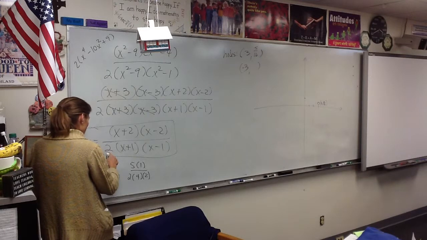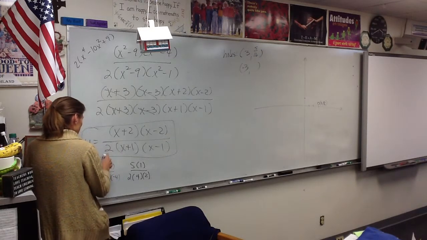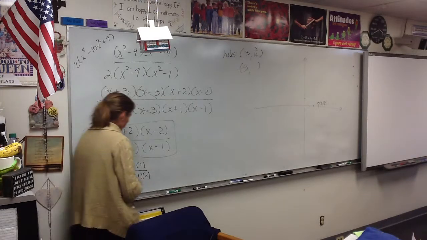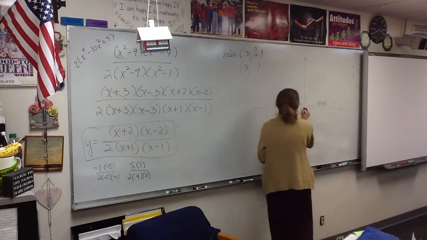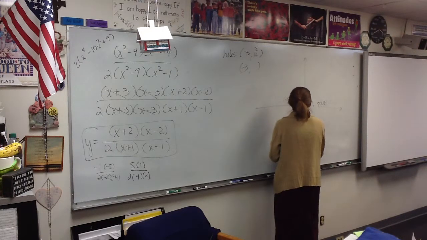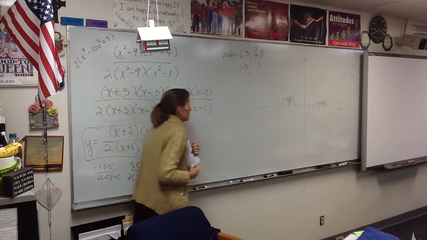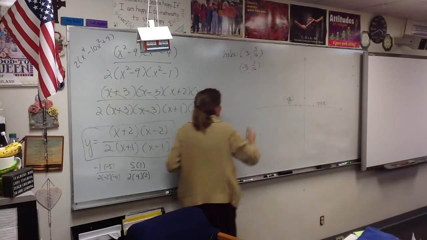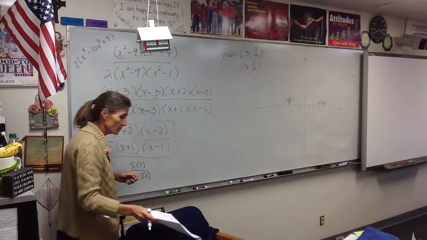I got 8. How'd you get 8? I got -2 times 6. Okay, you forgot this too. Oh, I did, yep. Okay, we got some symmetry in this problem apparently.